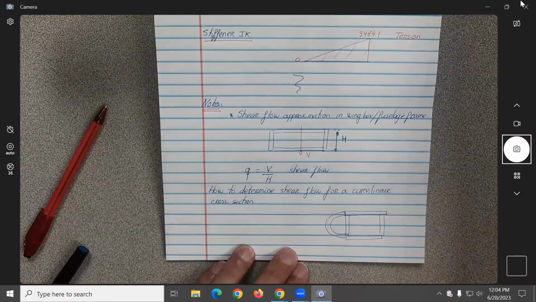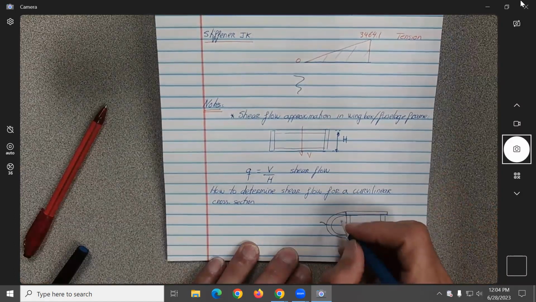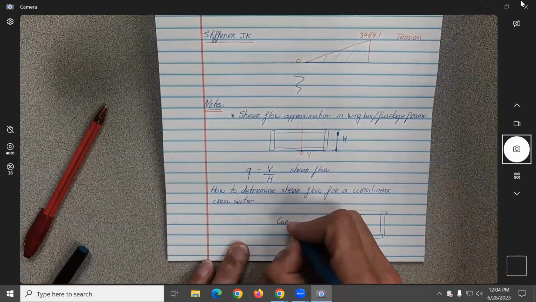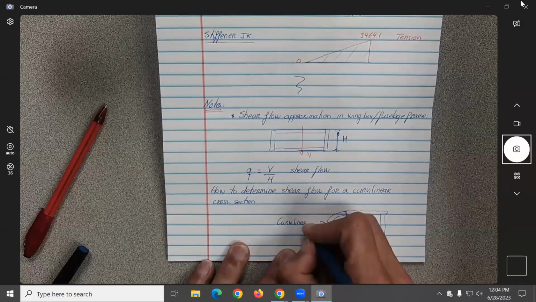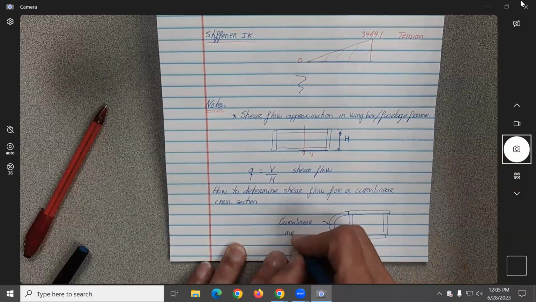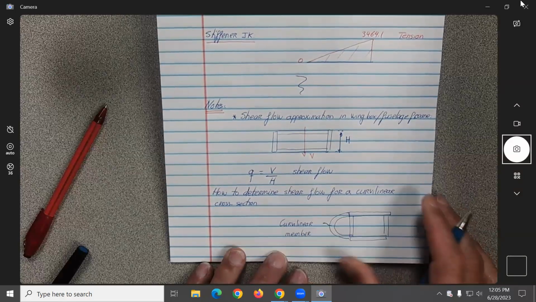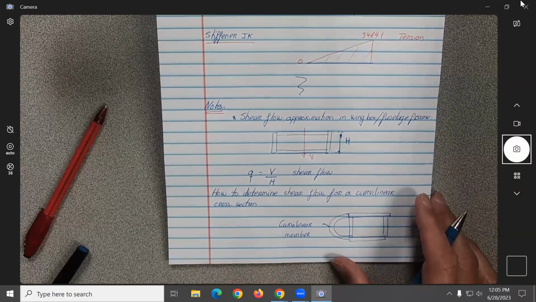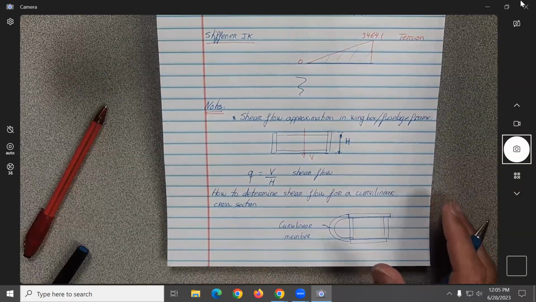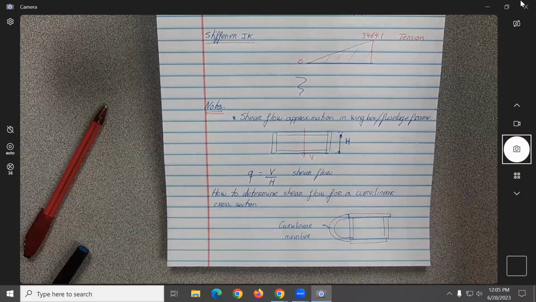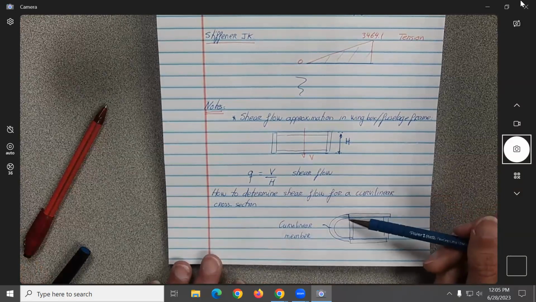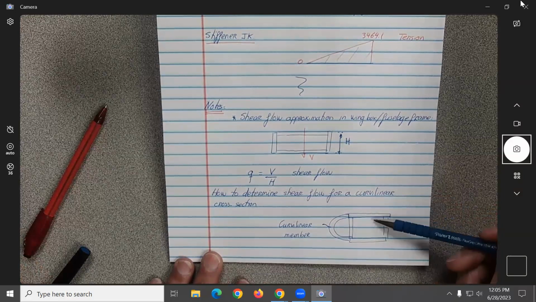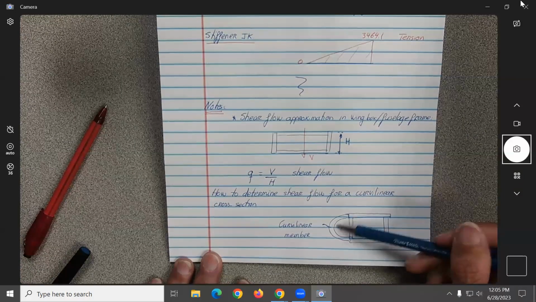The reason why I added this, I think, is that last time somebody told me that for them, the shear flow going from here to here, going to this member, is the same as going from here to here.